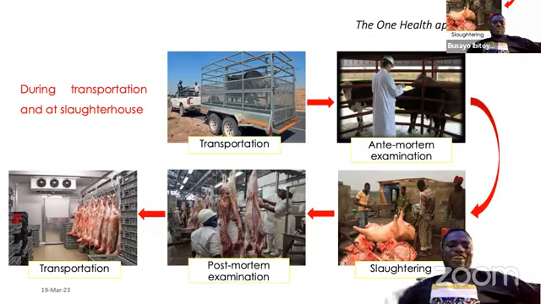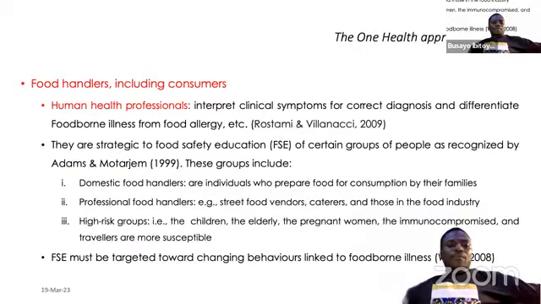That is where the carcass will be chilled. You can either go for rapid chilling or slow chilling, as the case may be. In any case, chilling or cold storage is very, very important, so that we can prevent, or reduce, or halt completely the multiplication of any pathogen that might still be left on that particular carcass.